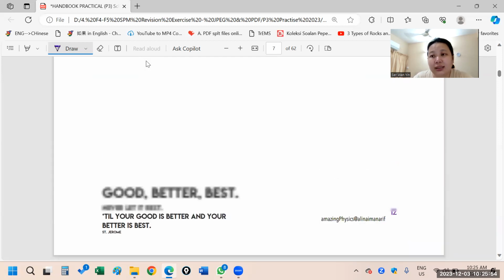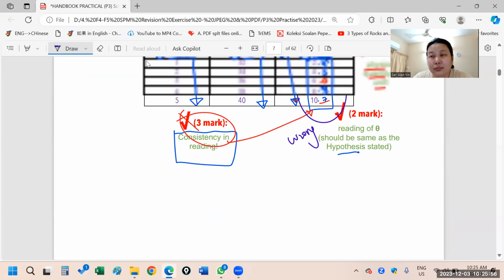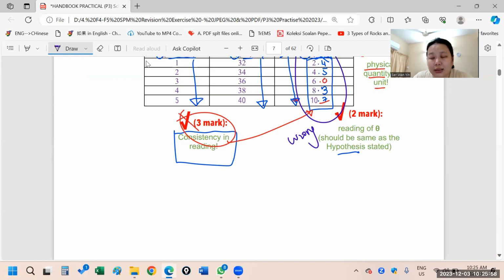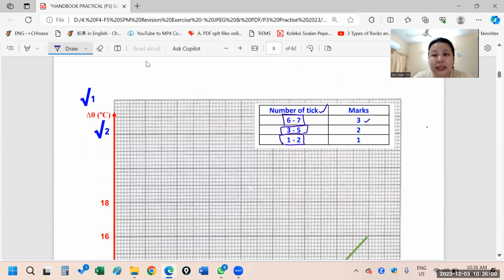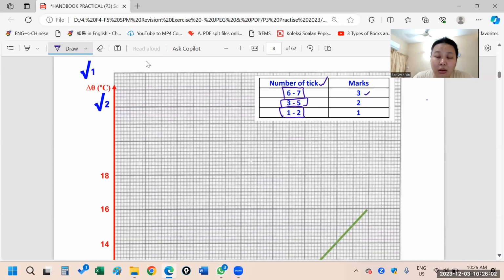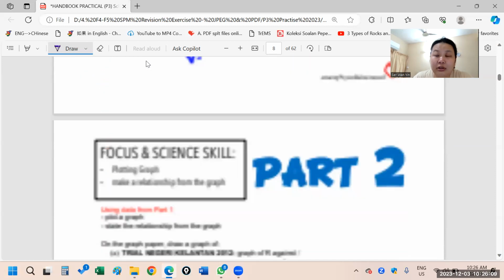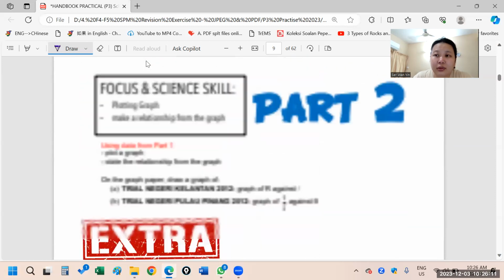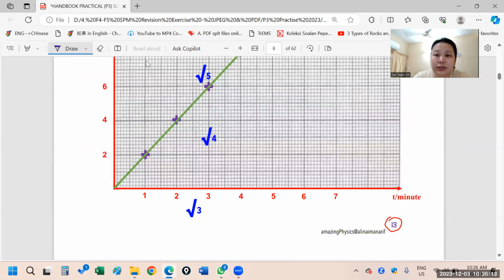Wrong doesn't matter. Why like that? Because we are testing your technique on drawing graph. Even if your experiment result is wrong, never mind.